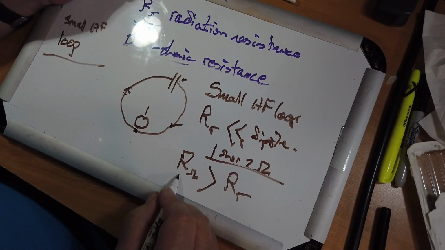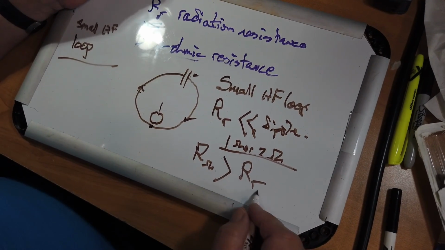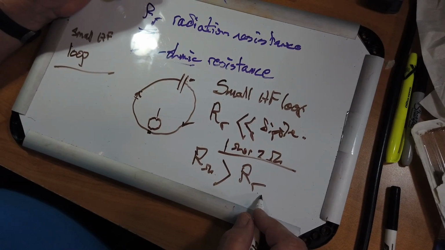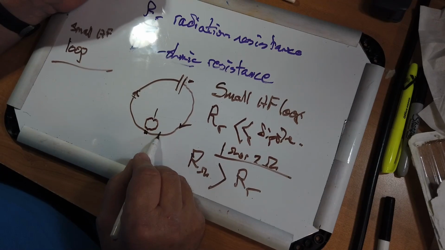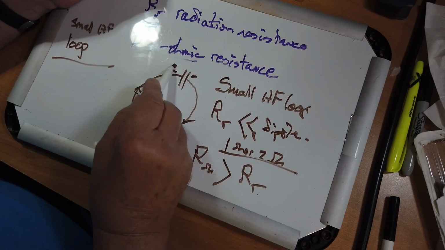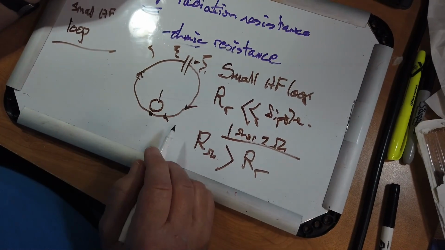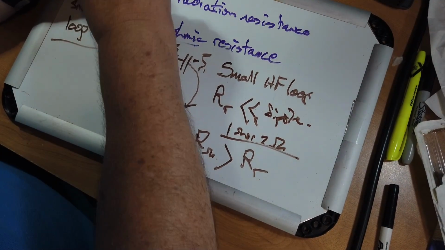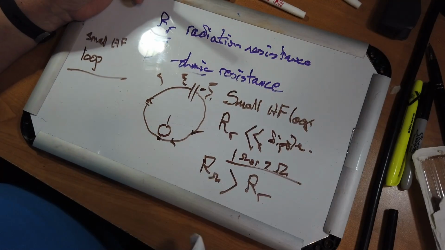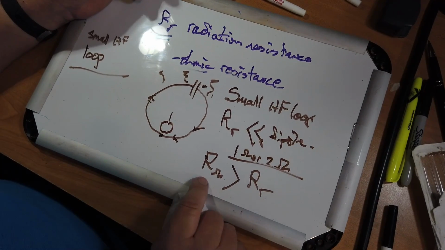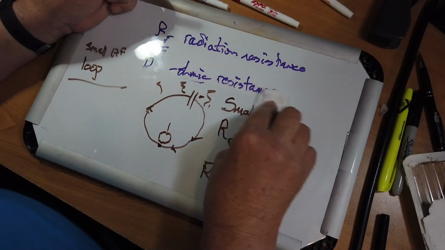Okay, so if the ohmic resistance is greater than the radiation resistance, you will lose more of your transmitted energy as heat than you will actually transmit. So good mag loops go to great lengths to keep the ohmic resistance as low as humanly possible.